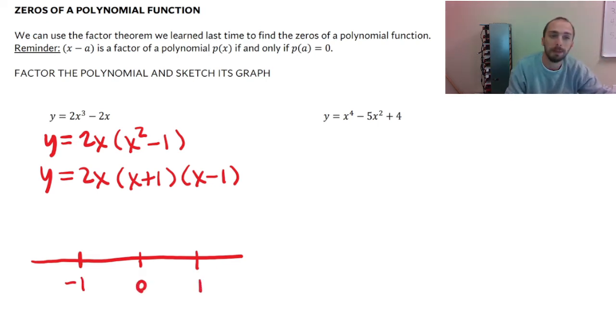Moreover, because they're zeros of the function, I know that these points are on the graph of 2x to the 3 minus 2x. That's going to be big for us. Also, I know the end behavior because this is a third-degree polynomial with a positive leading coefficient.